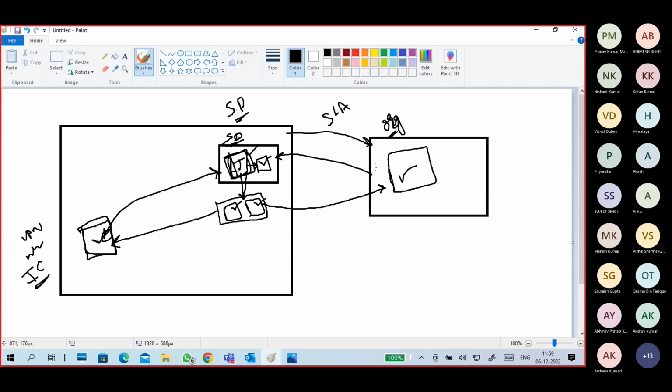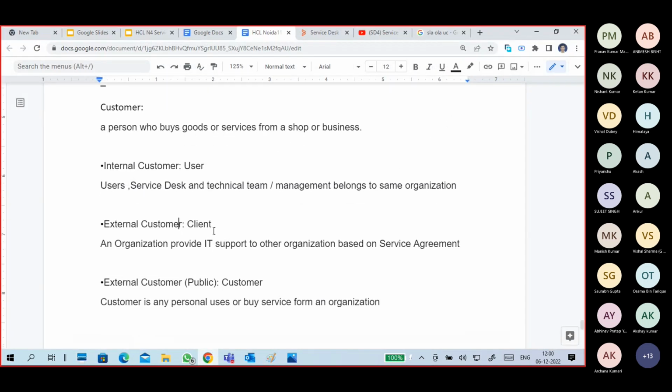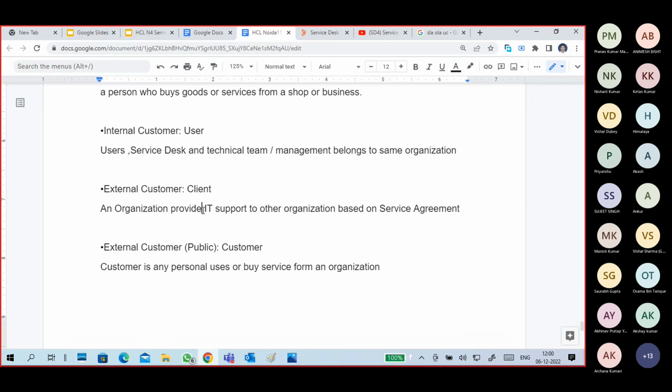And once the issue is resolved, the ticket will be closed. Same process, but this time the customer is not internal, it is an external customer, meaning another organization. Guys, most of you deal with external customers in your work. Most of the time we deal with external customers only.